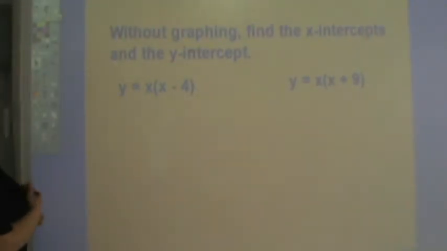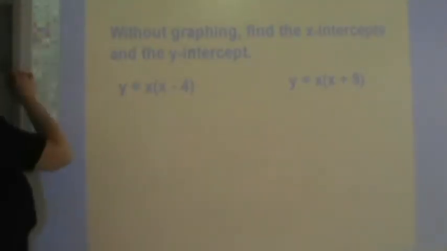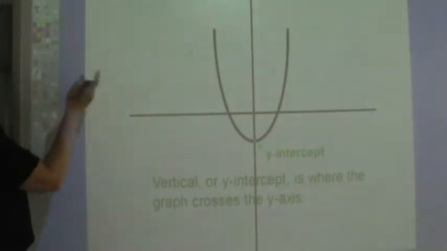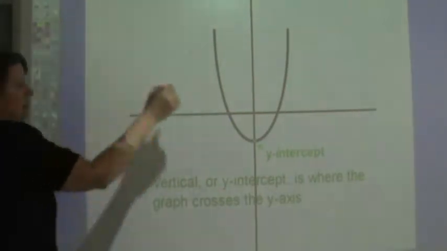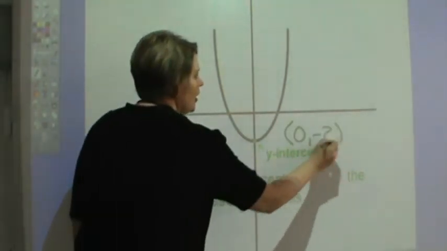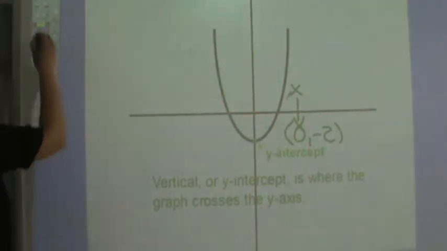So without graphing, find the x-intercepts and the y-intercept. Okay, so what we do on this is, if you remember back here, I said that the y-intercept, let's do this one, would be 0, negative 2. Okay, my x is 0 and my y is going to be some number.